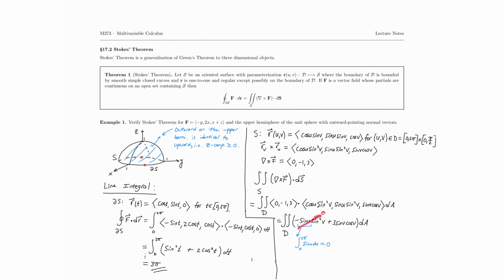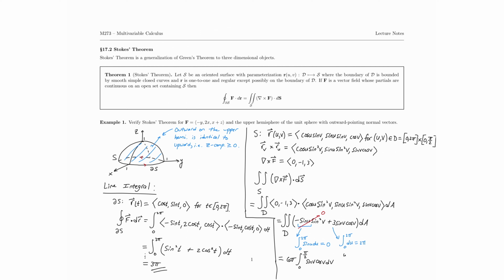So that's 0. Now in this term, there is no u, so we know that the u integral here is really just 0 to 2 pi du, which is going to be 2 pi. So this will multiply by the 3 to give us a 6 pi. And then we'd have an integral from 0 to pi over 2 of sine of v cosine of v dv.